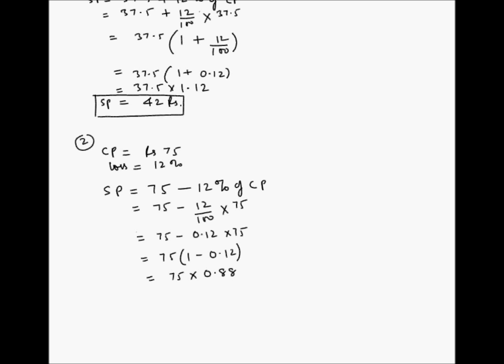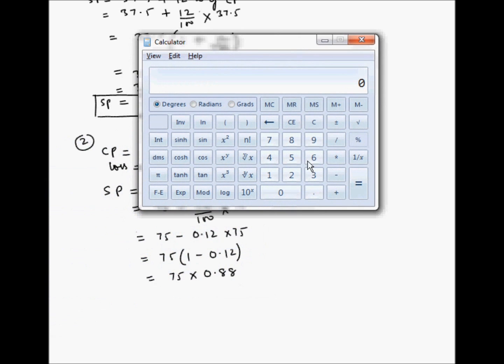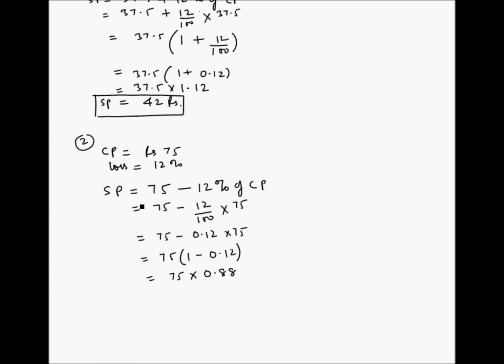So here we have to calculate 75 multiplied by 0.88. So 75 multiplied by 0.88 equals 66. So selling price is equal to 66 rupees.